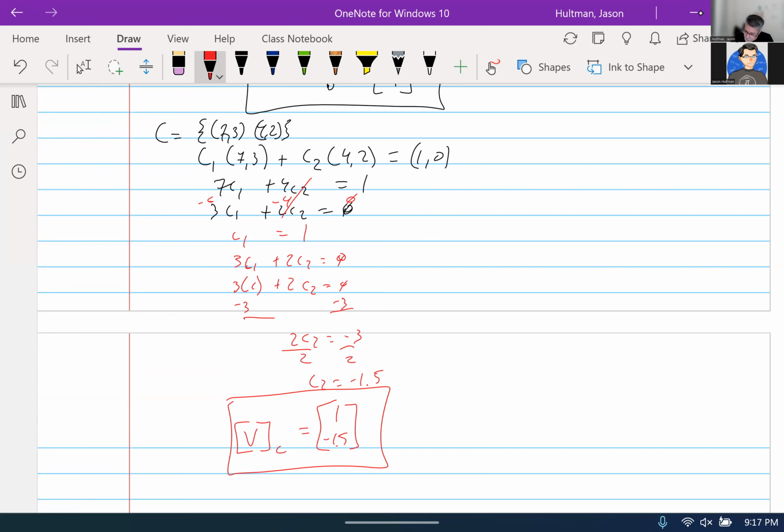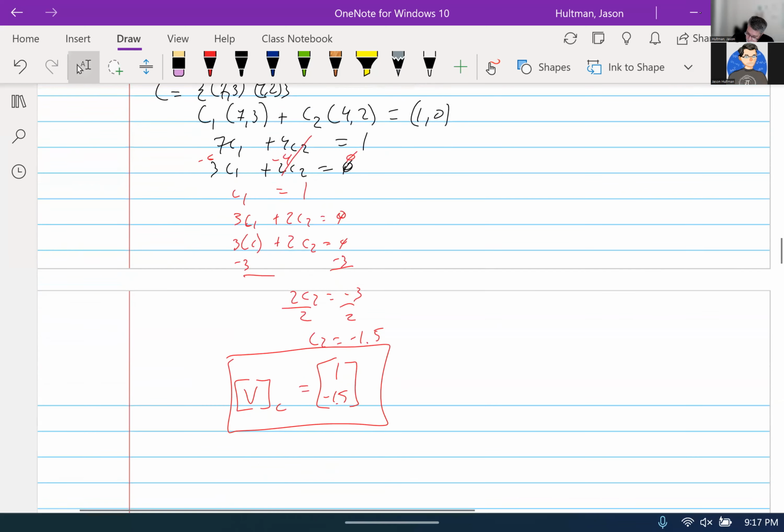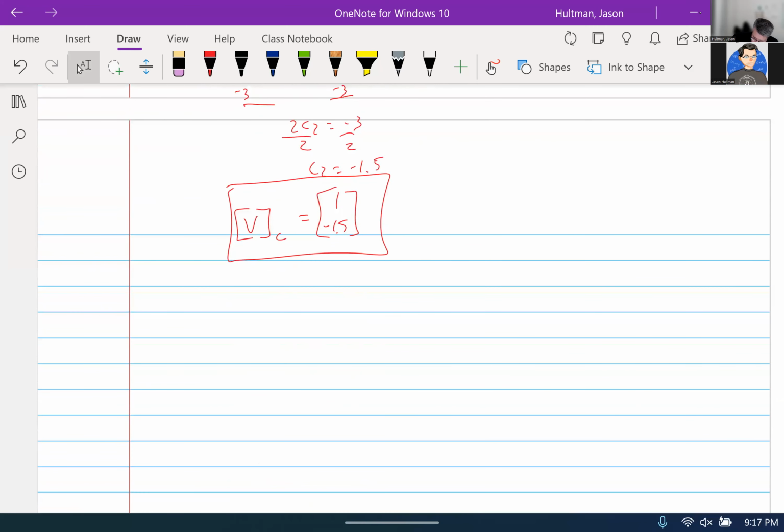Okay, now let's verify the conversion between the basis coefficient vectors. Let's check. We're going to say that V of C is equal to our change of basis matrix from B to C times V of B. Does this work?